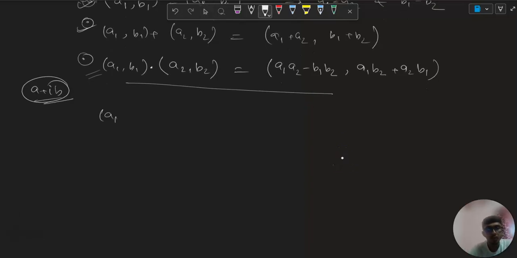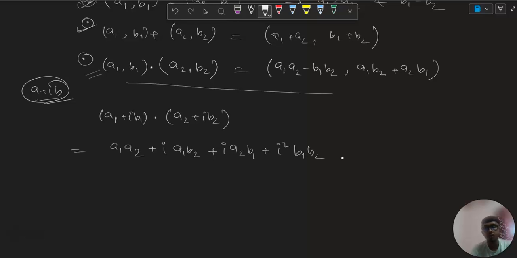See, a1 plus iota b1 into a2 plus iota b2 equals, we simply multiply: a1 a2 plus iota into a1 b2 plus iota into a2 b1 plus iota square b1 b2, right? And iota square means minus 1; we have just shown it earlier.